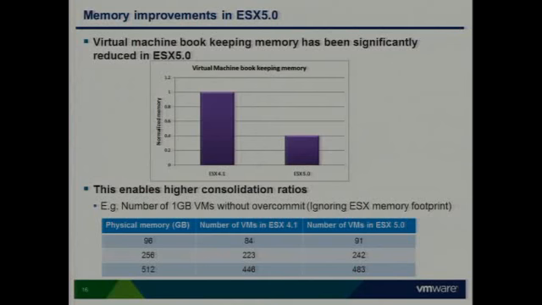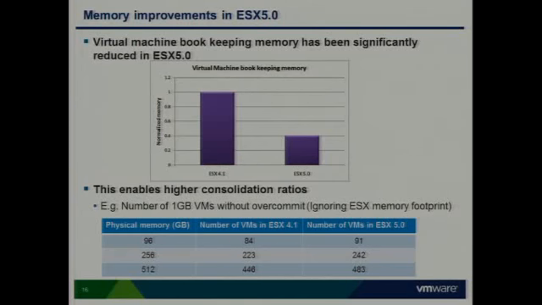But in 5.0, you're now able to run 91. Similarly, as you have more and more RAM on a given physical server, you're able to run more VMs. For example, in the 512 GB server case, you're able to run nearly 40 more VMs on the same server.